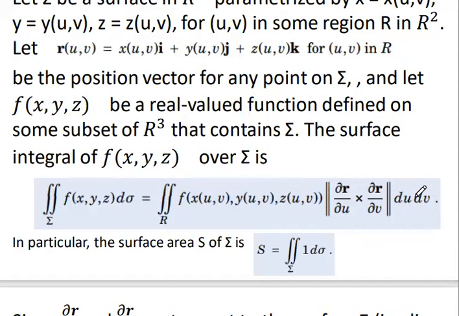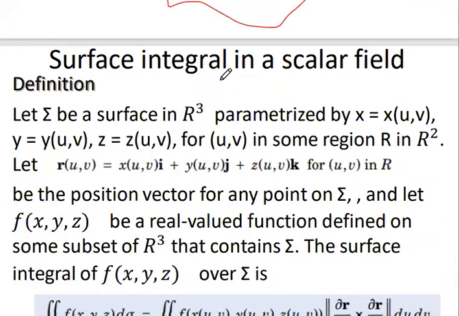Here you integrate over that region R. This is the surface integral of a scalar field.